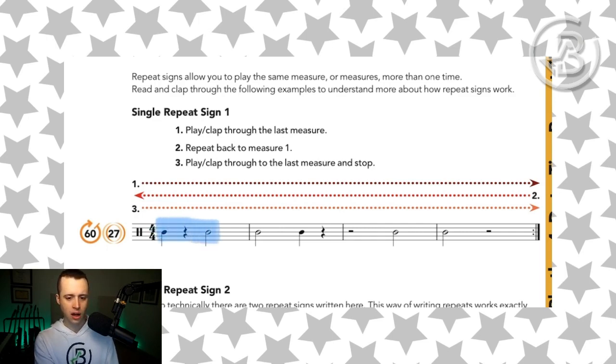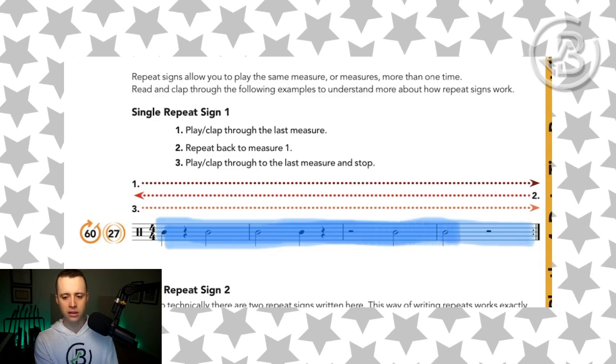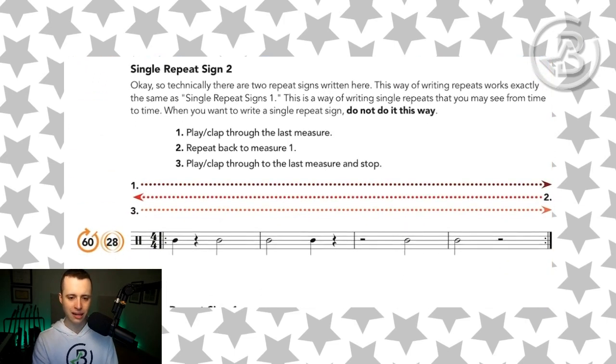Ta, ta, ta, ta, ta, ta, bounce back, ta, ta, ta, ta, ta, ta. There you go.